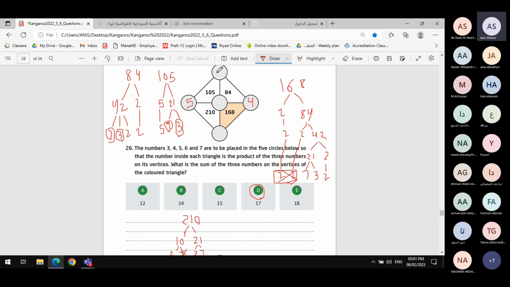So, 3 and 7 was our choice here. 3 or 7. And here, 3 or 7 or 2. What we did: we know that one is 3, one is 7. I randomly picked 7 to be in the middle.